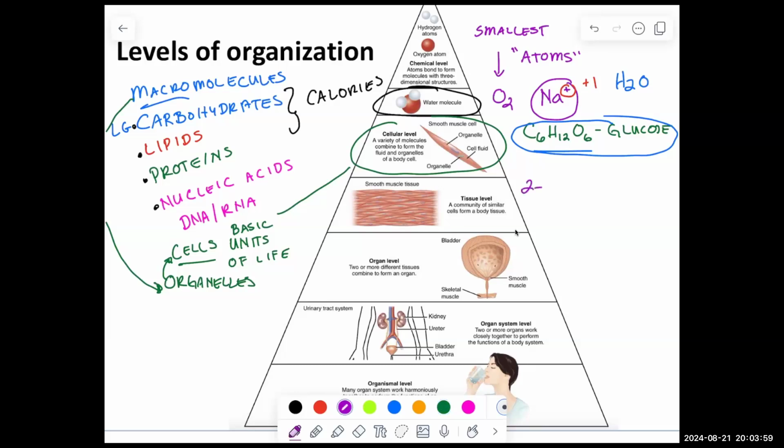So when you have two or more cells, you have this T word. Two or more cells that work together is what makes tissues, right? So I need you to know the basic definition. Two or more cells make up a tissue. Two or more organelles make up a cell.